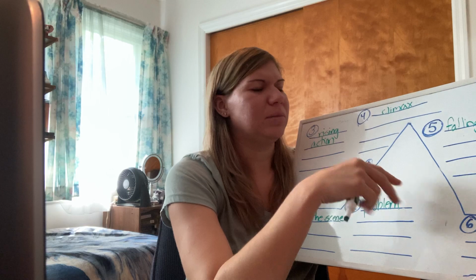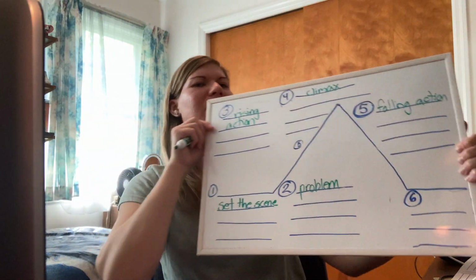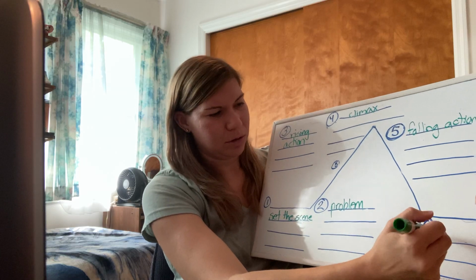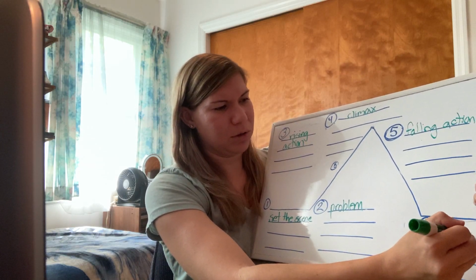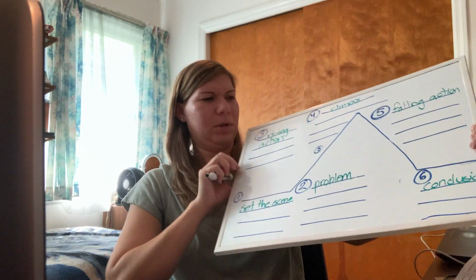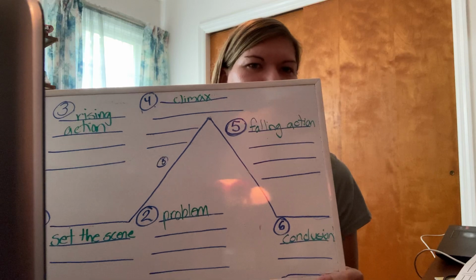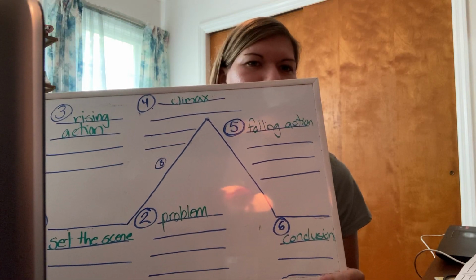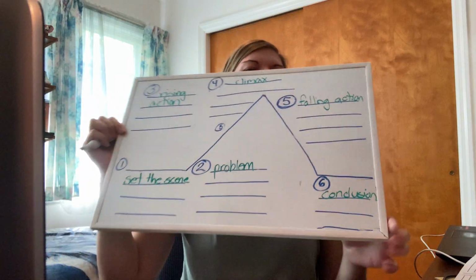There's not really a whole lot happening anymore. Nothing really new is being introduced. You are coming to your conclusion. You are coming to the ending of your story. You're coming to the solution, how that problem is solved and how that story ends.